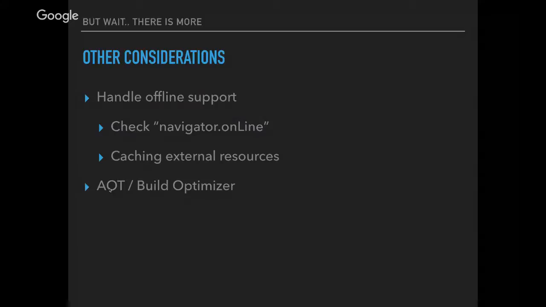And then we can compile with ahead-of-time compilation. We can use the build optimizer and all of that when we bundle our application. And then we can comb through our application, making sure we're using optimized images and not having a lot of bloated CSS.